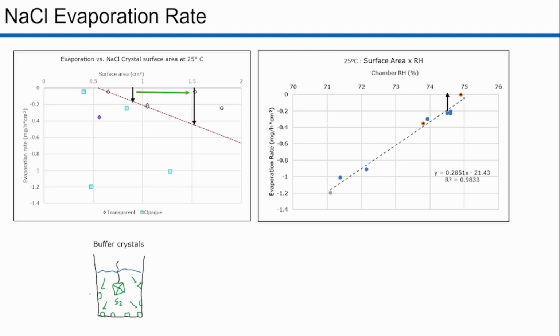If you have buffer crystals, you have more surface for this material to attach, so your effective surface area grows, meaning that your crystals might now handle a bigger evaporation rate within the transparent domain. This translates to a drier condition.